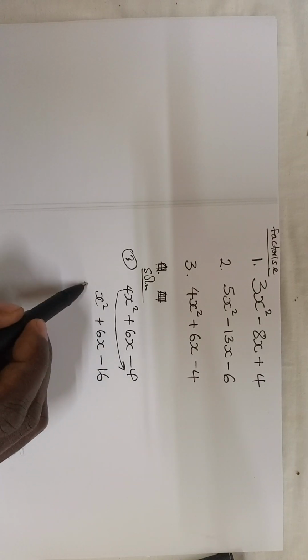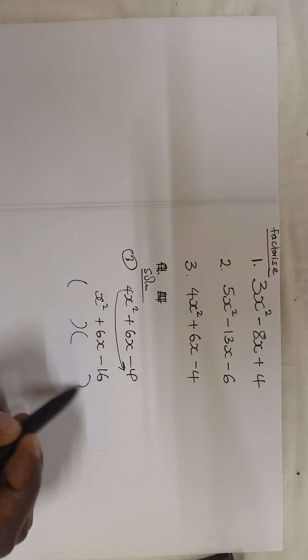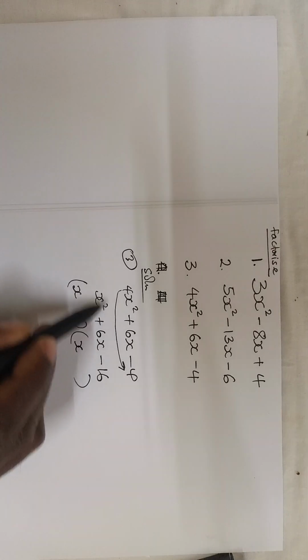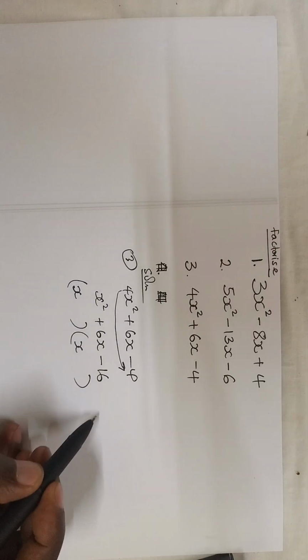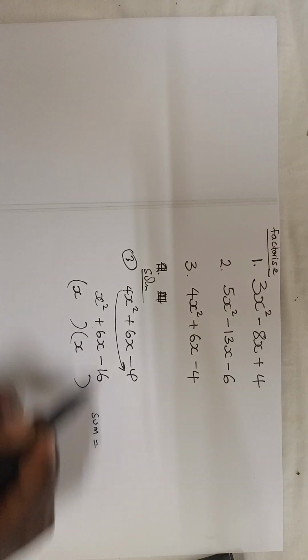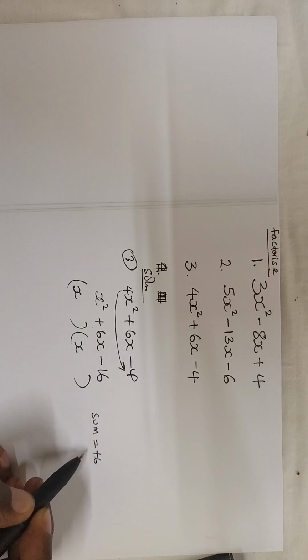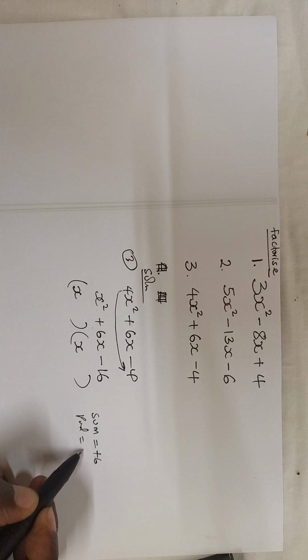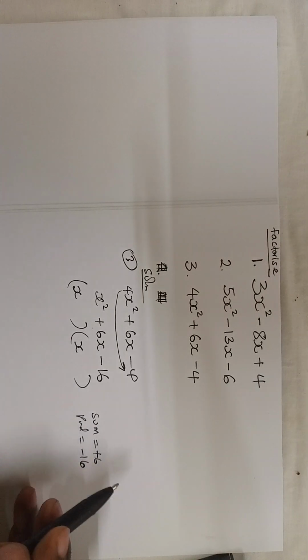Good. So now I have these brackets of mine, and I'll have x and x. These two give me x squared. Then now I need two numbers which will give me a sum of positive 6 and a product of negative 16. Let us see.